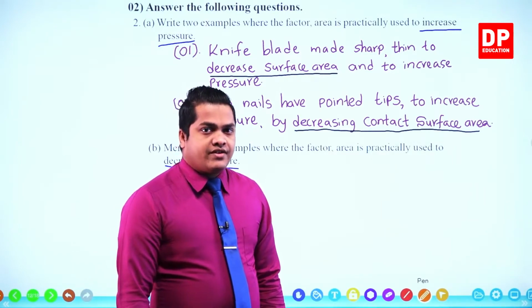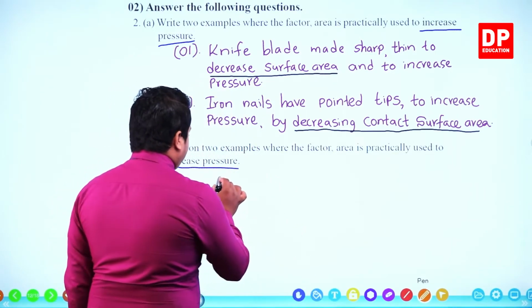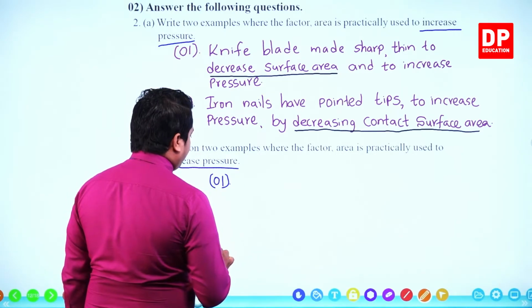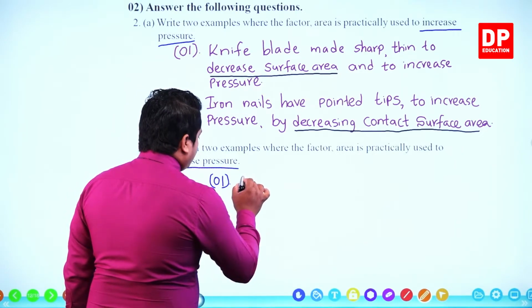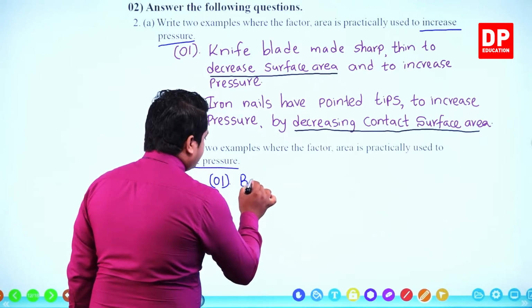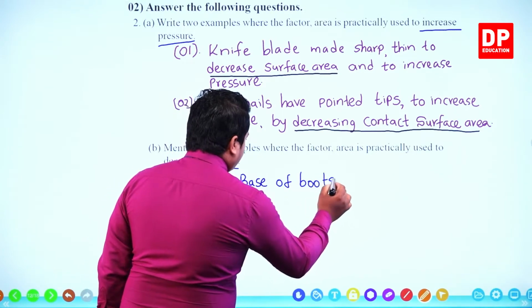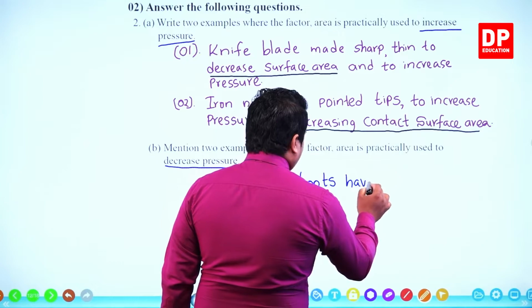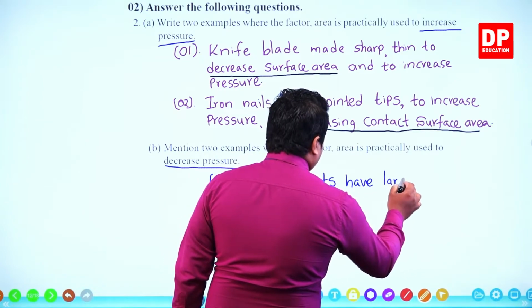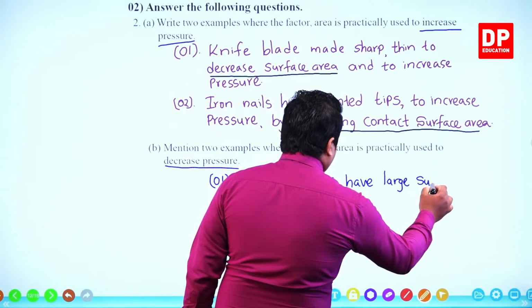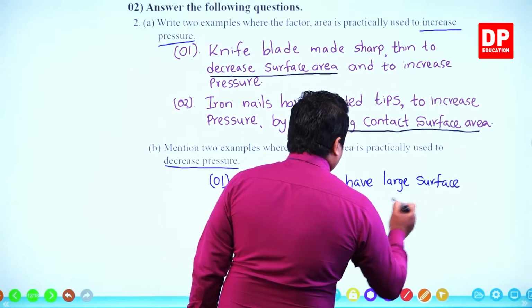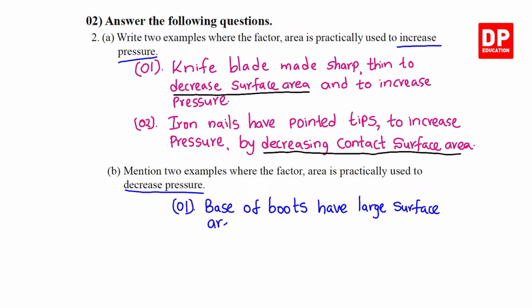Okay, so we can write the answers. Number 1, base of boots have large surface area to decrease pressure.